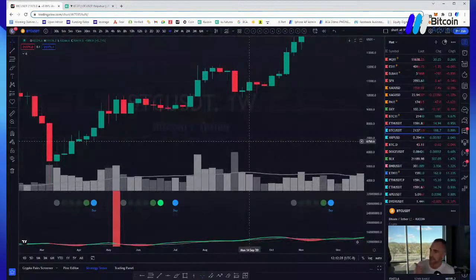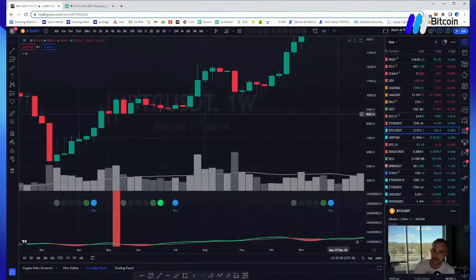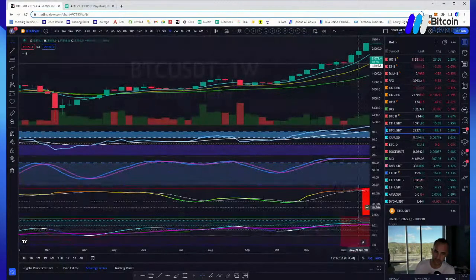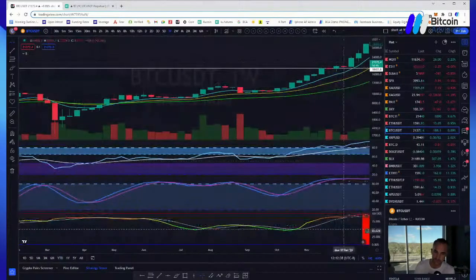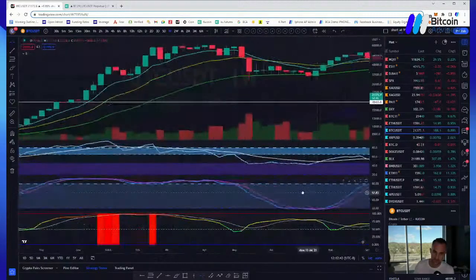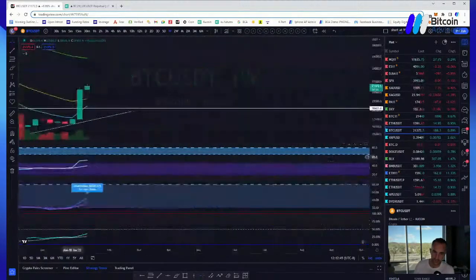Okay. So we've got the higher low on the weekly time frame. We've got the extremely low volatility, which again we defined as the BBWP getting below the 10 percentile, which is right back here.